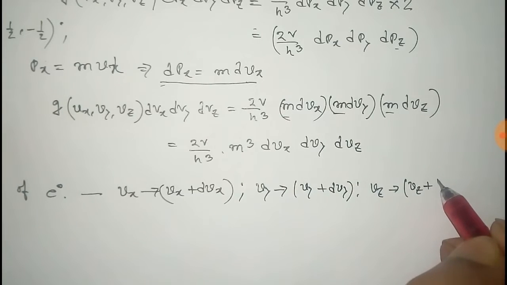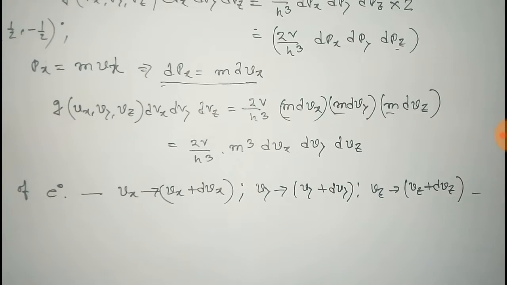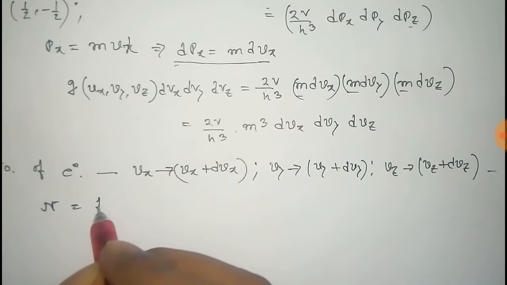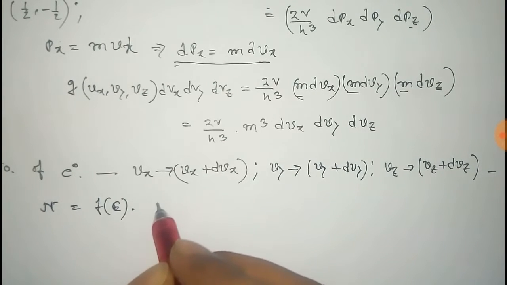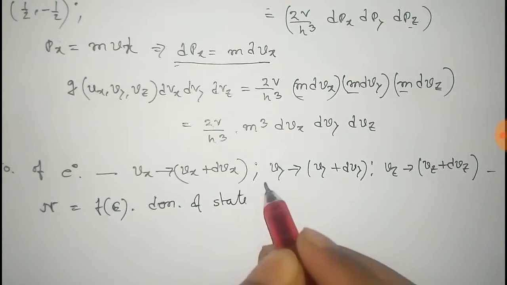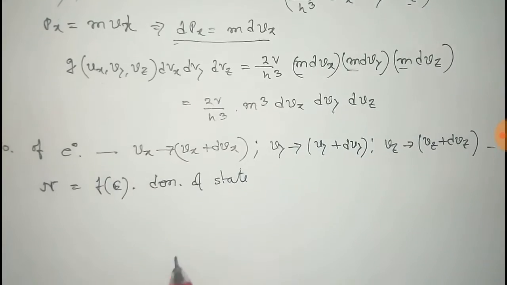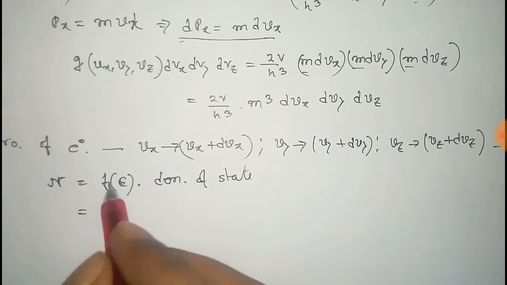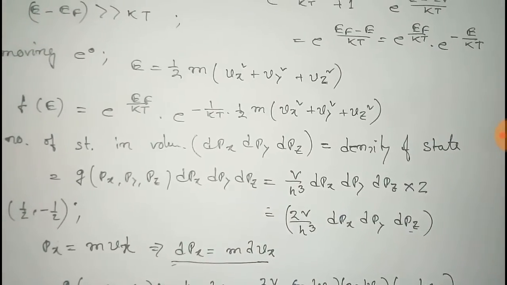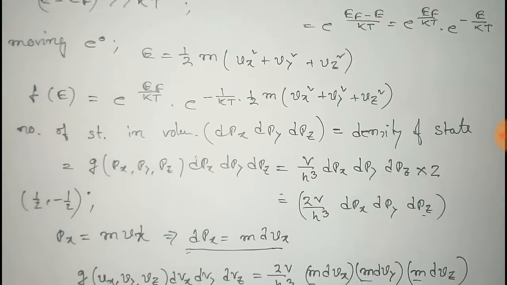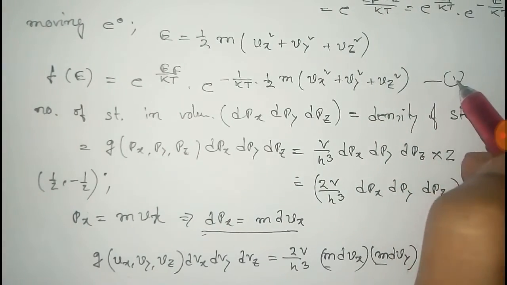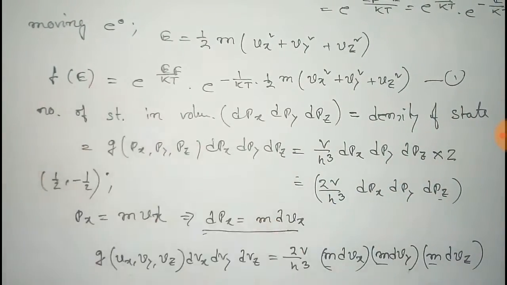So the number of electrons having these velocities is given by n equal to the FD function into the degeneracy of the state. So put the value of the distribution function, that is the FD distribution function that we got before.